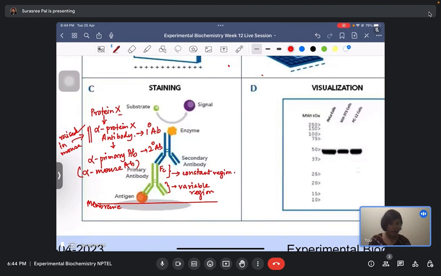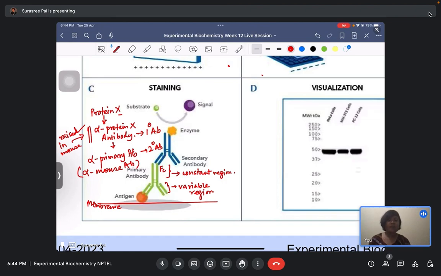So you might ask the question, why is the primary antibody not directly labeled with an enzyme? Why are we using a secondary antibody? Because it is very expensive to label all primary antibodies with enzyme.